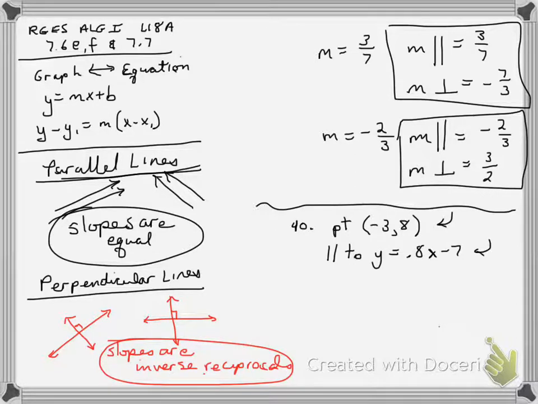Okay, so the picture would be something like this. I'm given a point, -3, 8, somewhere up here, and the line that I want is going to go through that point. But I'm also given a parallel line.